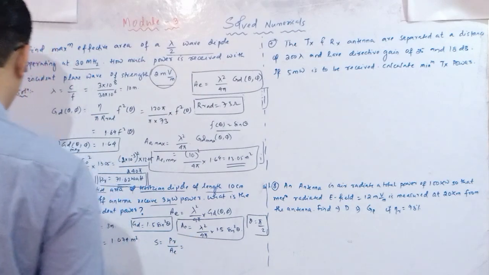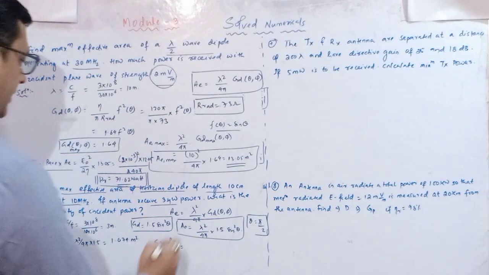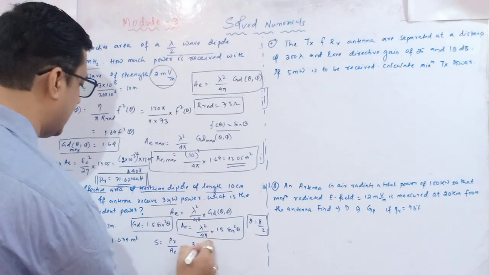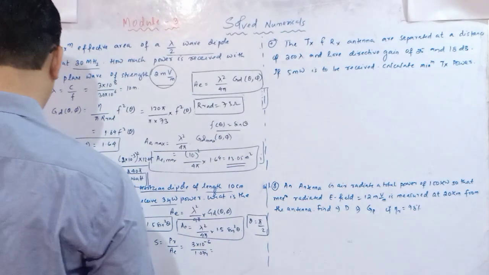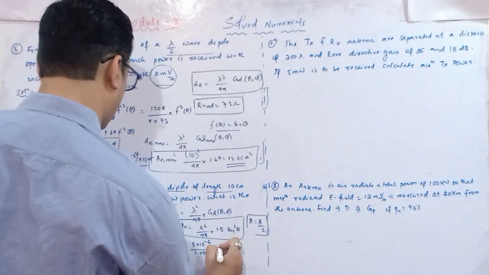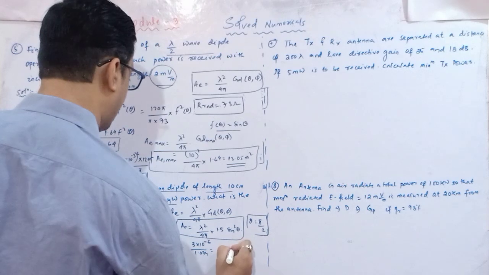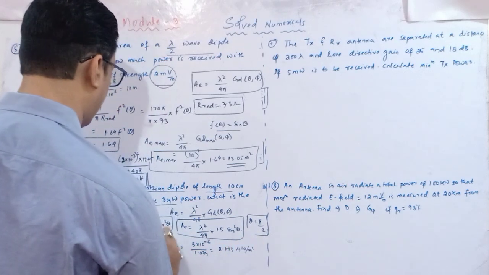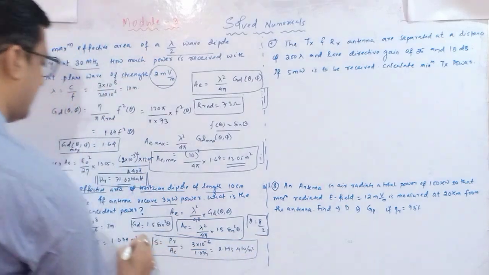Received power is 3 into 10 to the power minus 6. Effective area is 1.074. So you will get around 2.793 microwatt per meter square. So this is your answer.